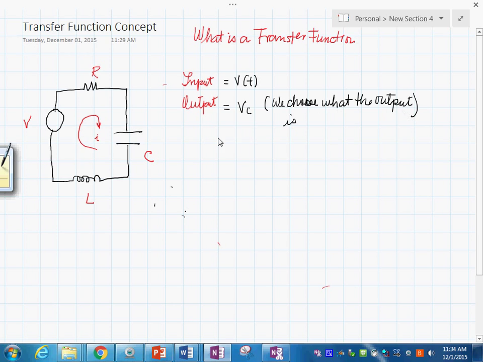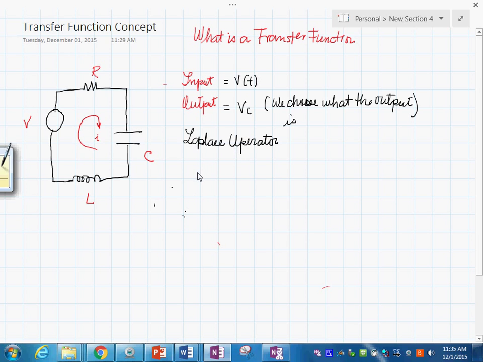Now, let's touch on what I mentioned to you a moment ago, the Laplace operator, or Laplace transform.